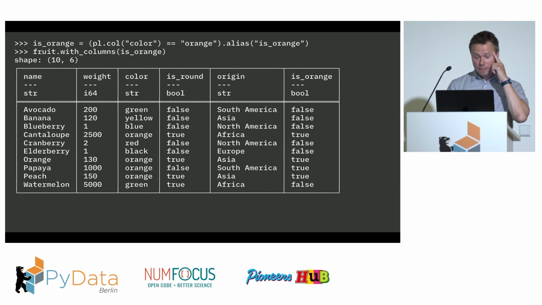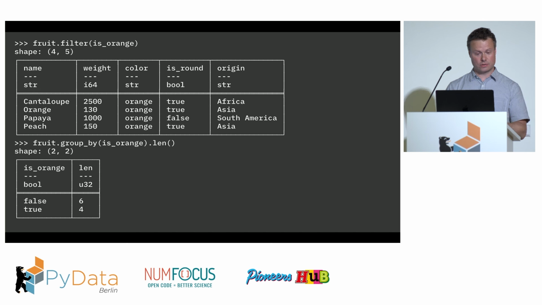Right, so here we define an expression called isOrange. They're just Python objects, so you can assign them to a variable. And I can use that expression to create new columns, to filter it, and to group by. I can really reuse this expression.